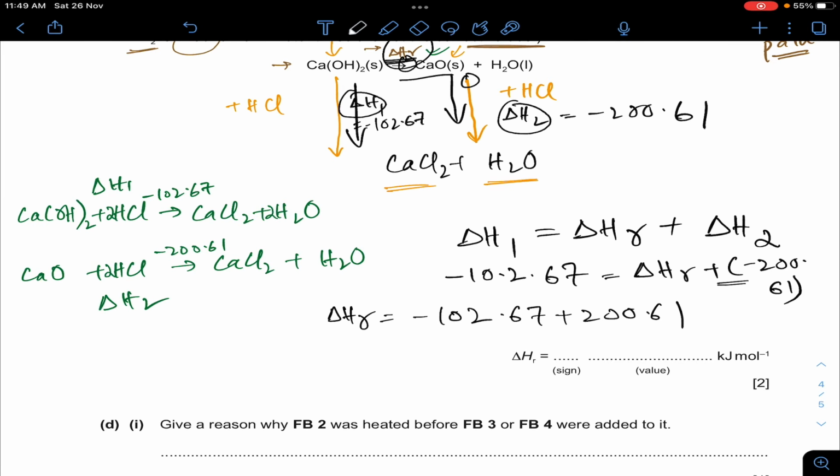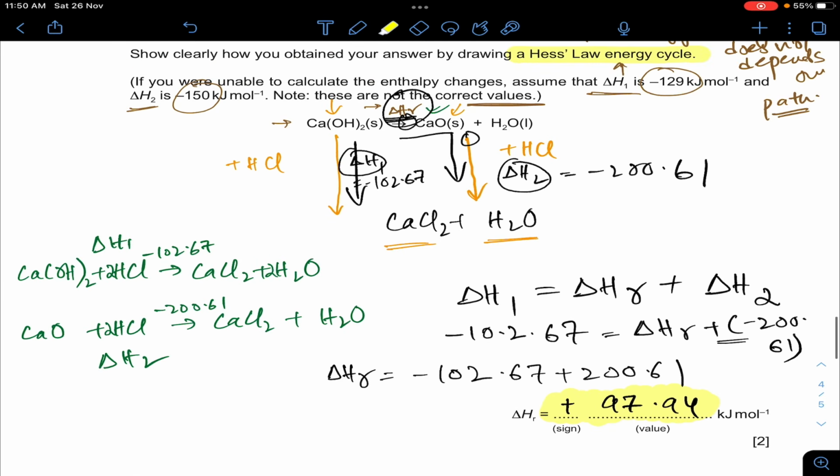So minus 102.67 plus 200.61, we get 97.94 kilojoules per mole. Because this is an endothermic reaction, decomposition reactions are endothermic, so we get our answer in positive. So this would be the final answer, plus 97.94.